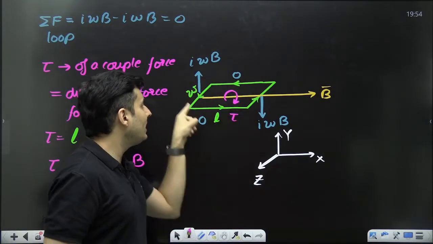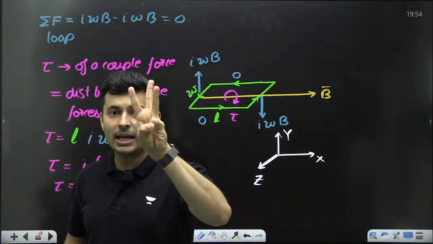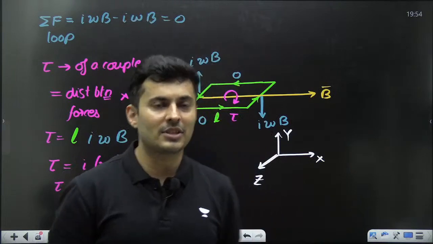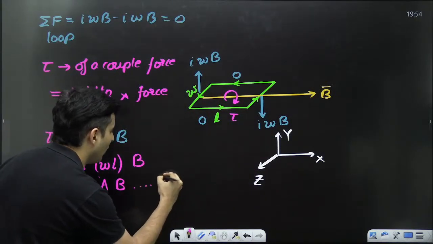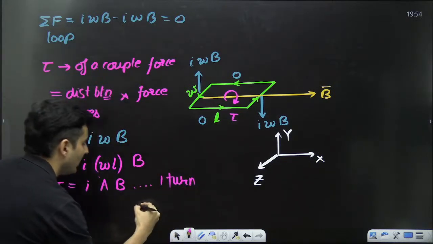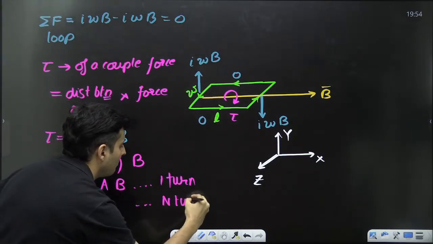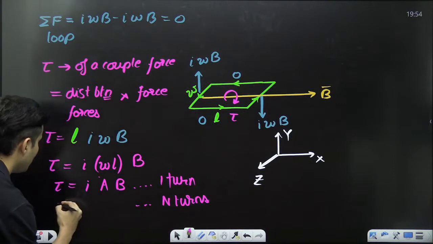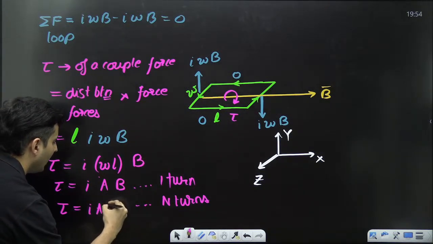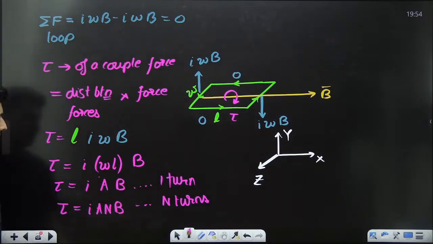If I take 3 turns, torque will become 3 times. If I take n turns, torque will become n times. So if this is for 1 turn, therefore for n number of turns, can I say the torque will be I A N B, n times more?